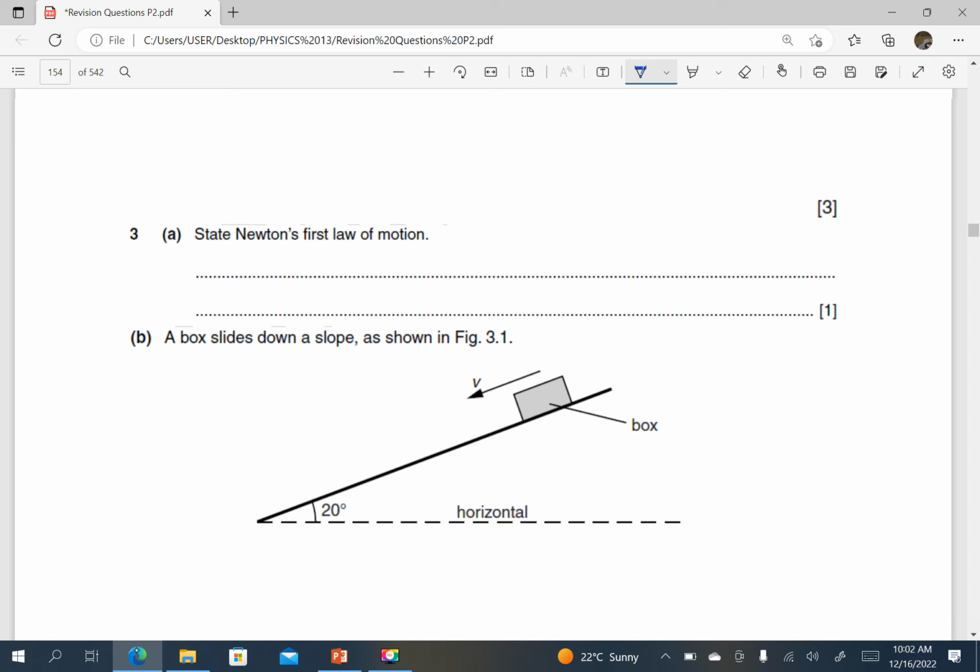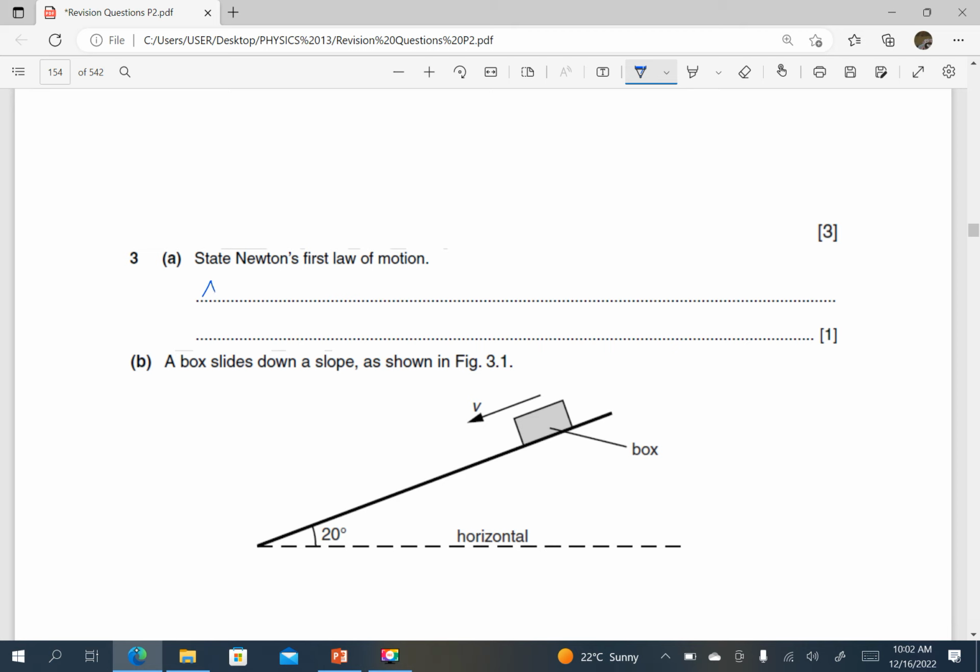And we said the first law of motion states that a body continues at rest, that is if it was at rest, or moving with a uniform velocity unless acted upon by a resultant force.